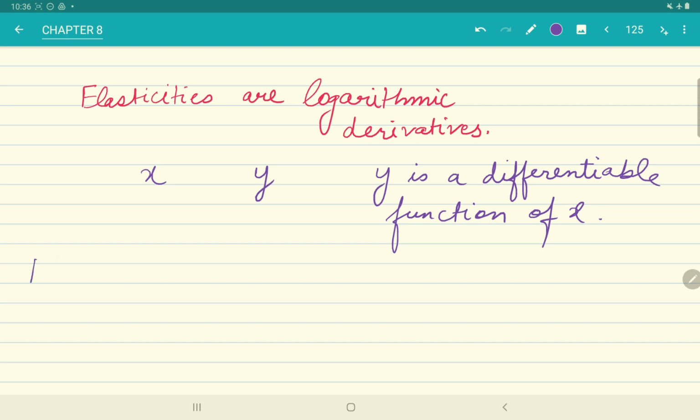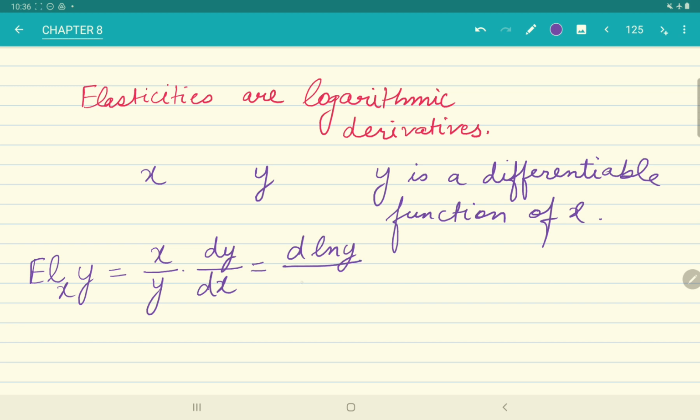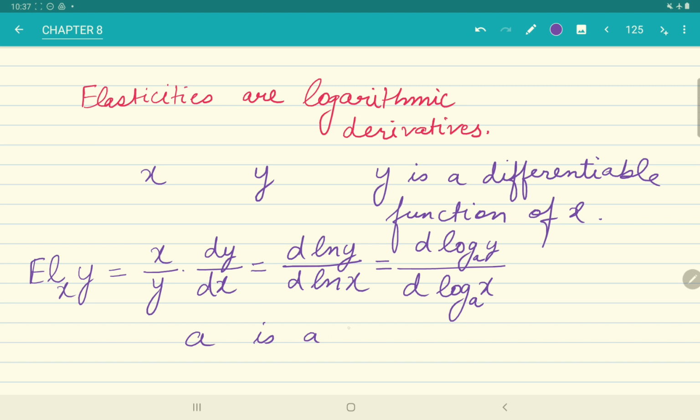In this case, I know that the elasticity of y with respect to x is x by y times dy by dx. This is in fact equal to d ln y by d ln x, or in other words, d log y with respect to a divided by d log x with respect to a, where a is a positive base which we use for constructing logarithms.